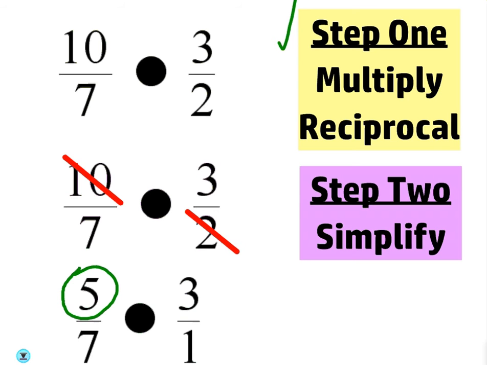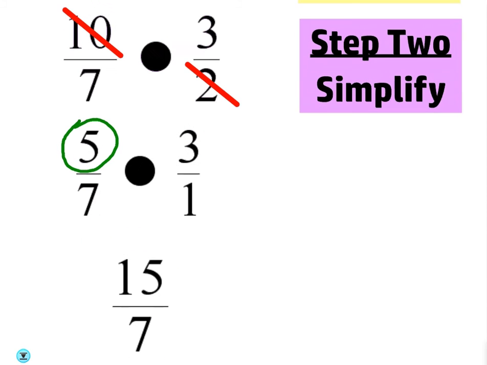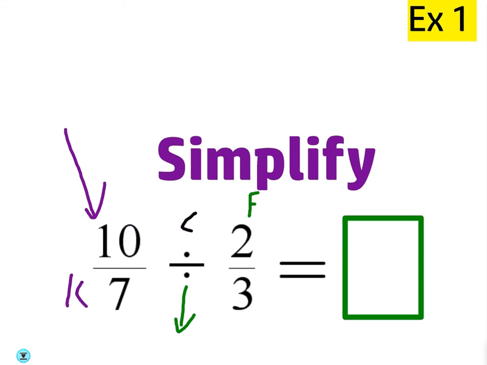Once we do that, then we can multiply straight across. 5 times 3 is 15. 7 times 1 is 7. Good. So the answer is 15/7, which means that 10/7 divided by 2/3 is 15/7. Once you do it enough, it becomes second nature. You immediately flip the second fraction, change it to multiplication.